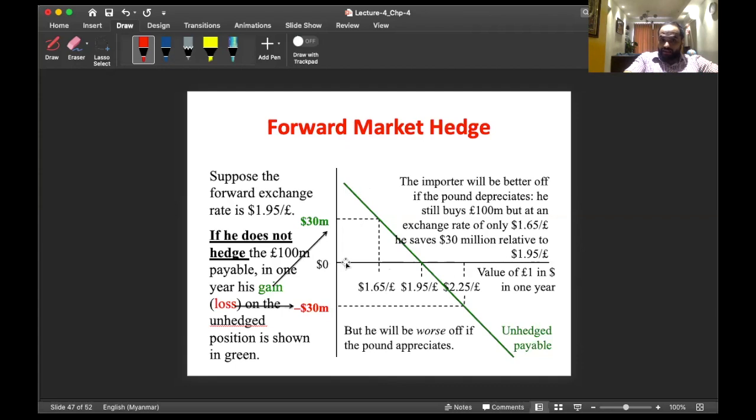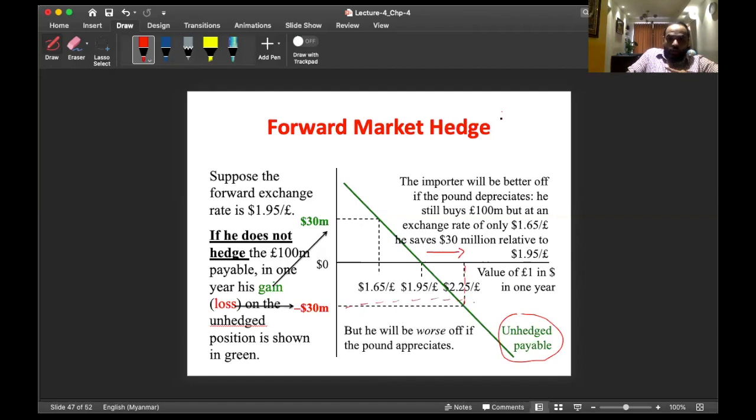The x-axis is the spot rate. So if the spot rate increases and you are in an unhedged position, you will lose money.